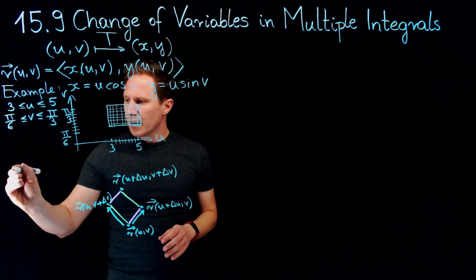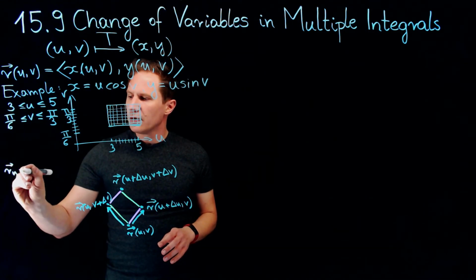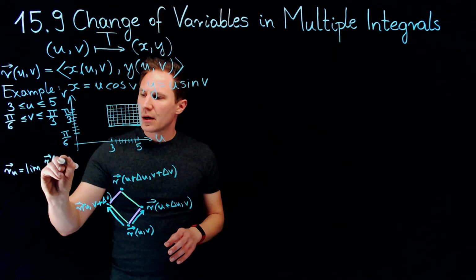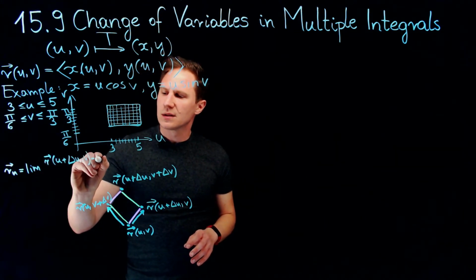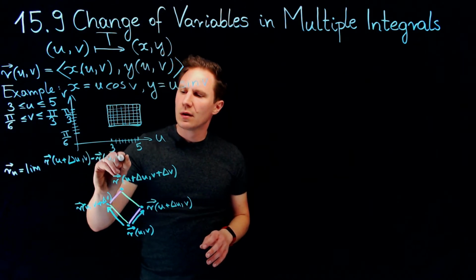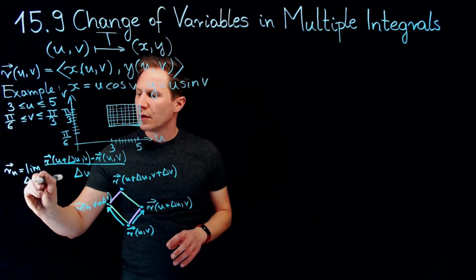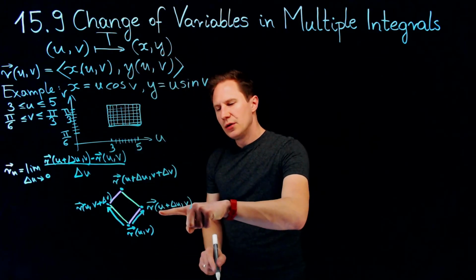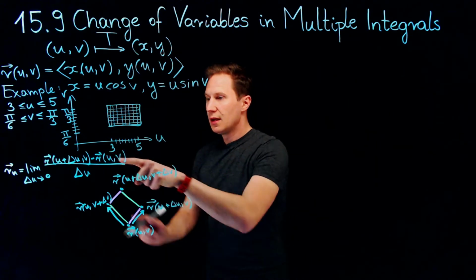But remember that the partial derivative of r with respect to u is just the limit of this difference quotient, r(u plus delta u, v) minus r(u, v), over delta u as delta u goes to 0. So this difference, r(u plus delta u, v) minus r(u, v), is up there.